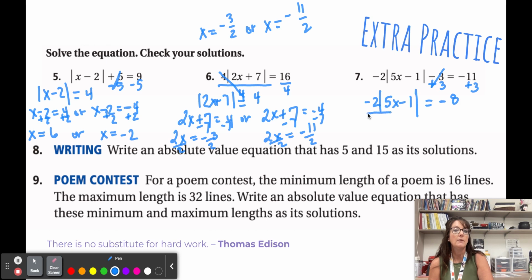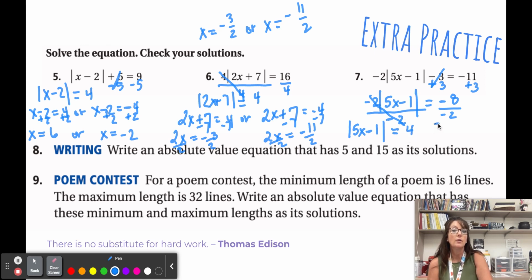And then remember, I can divide both sides by this negative 2 to get rid of the negative 2. And now all of a sudden we have a positive number. So we have the absolute value of 5x minus 1 is equal to 4. And that's one we can solve, right?